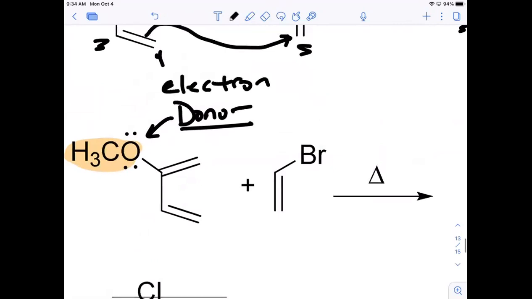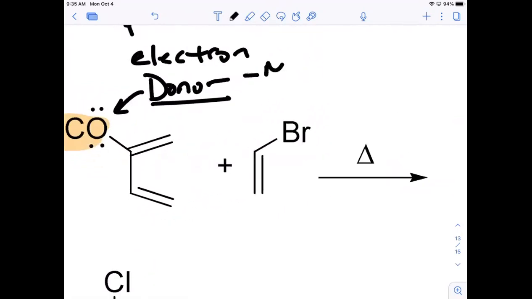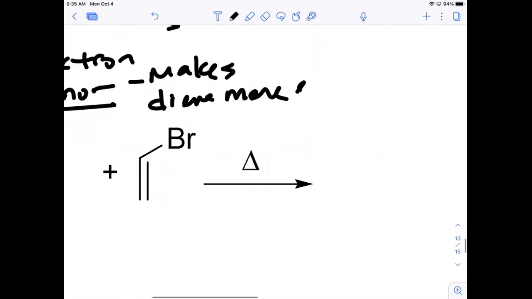So anytime you put a donor on your diene, it's going to speed up the reaction, right? Because the donor is going to make the diene even more electron rich. Right, so donors will make the diene more electron rich, and they're going to speed up the reaction.